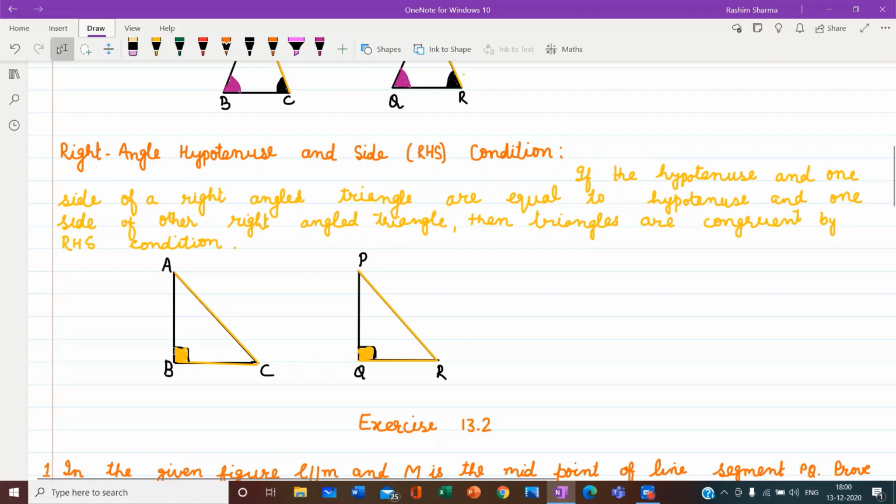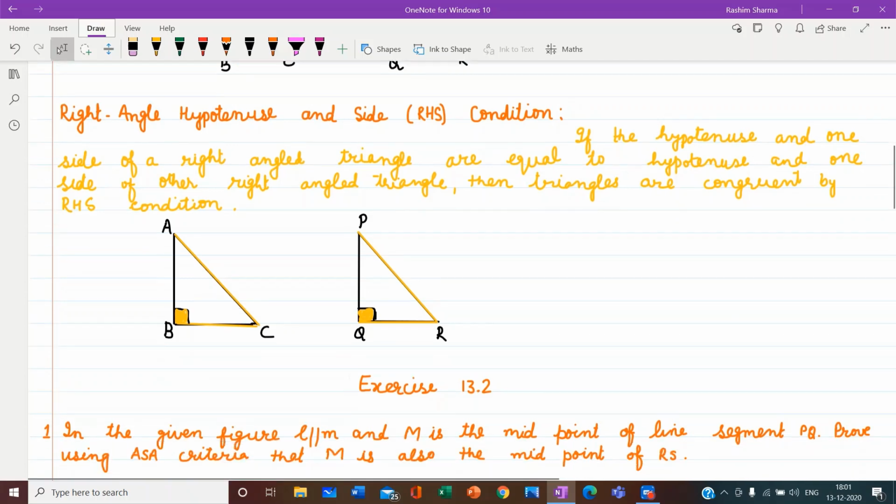Here angle B is the right angle in triangle ABC and angle Q is the right angle in triangle PQR. So we can see here hypotenuse AC is equal to hypotenuse PR, side BC is equal to QR, and right angles are equal. So triangle ABC is congruent to triangle PQR by RHS condition.